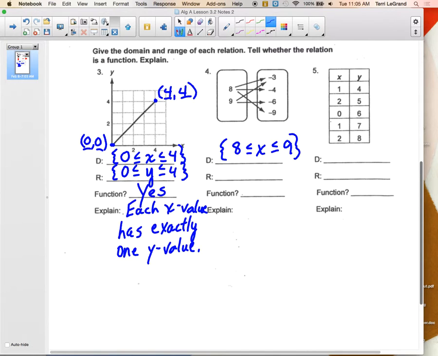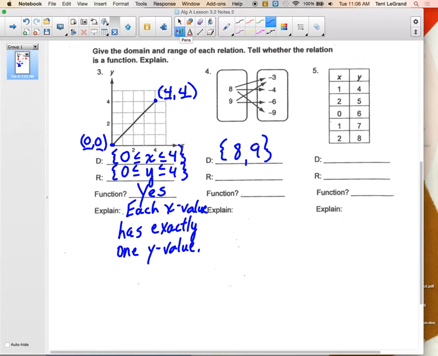But how about 8.5? Is 8.5 in our mapping diagram? No. Is 8 3/4, 8 1/10? No. So we can't write it as a compound inequality. We do have to write this one as just discrete points. It says the x values are 8 and 9. No compound inequality for that one.